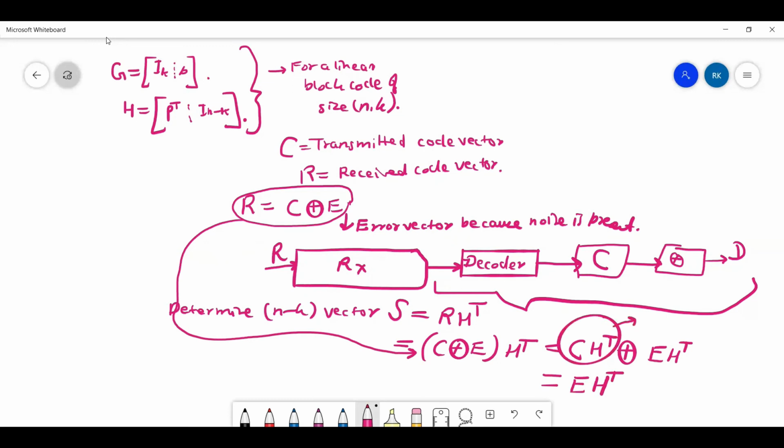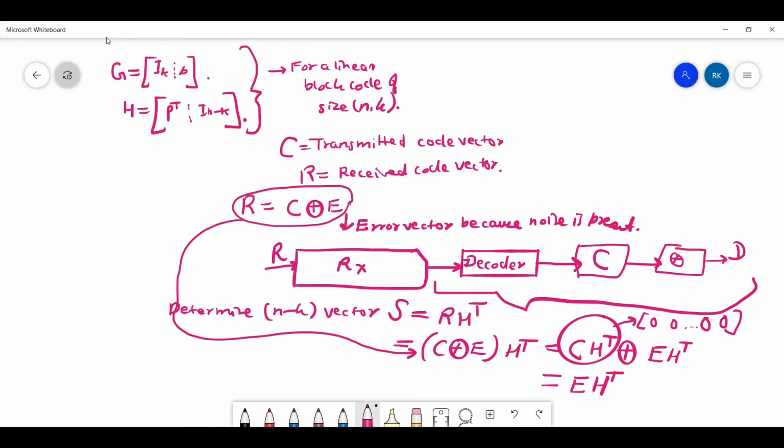It's already a 0 vector. We have already defined that C is a code word in an (n,k) block code generated by G if and only if C H^T is a 0 vector. So ultimately we have the syndrome S equal to E times H^T.